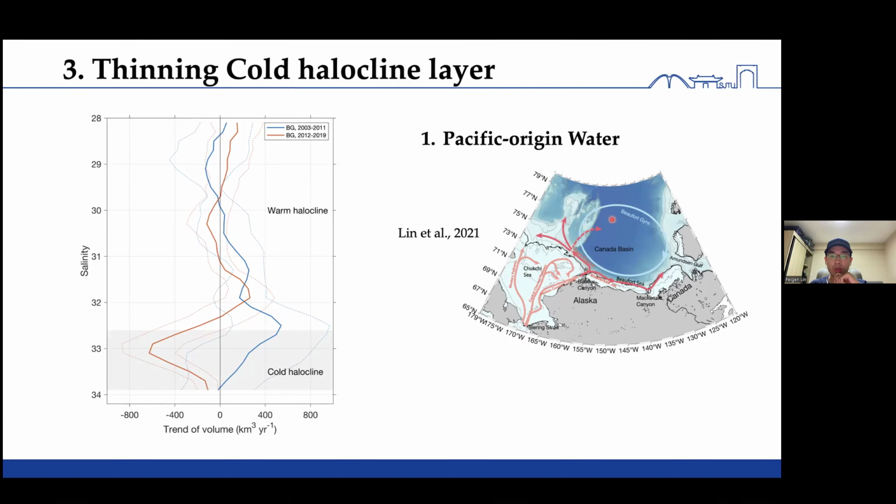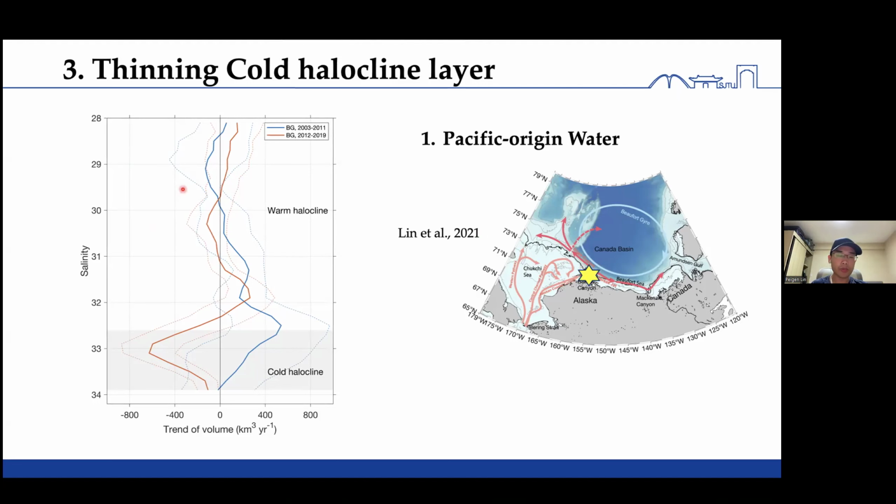So now what we do is we find the mooring data right at the mouth of the Barrow Canyon, provided by our colleagues, and we can do a similar calculation to compute the trend of the volume in each salinity class, right?